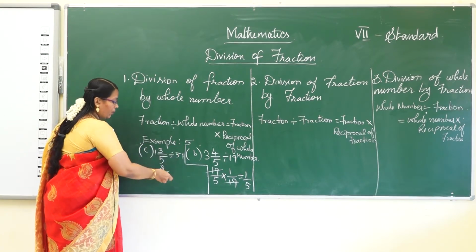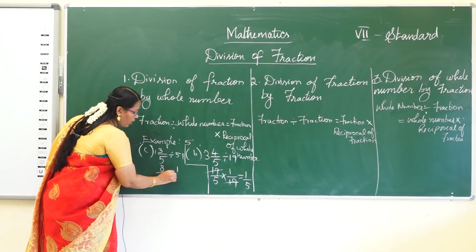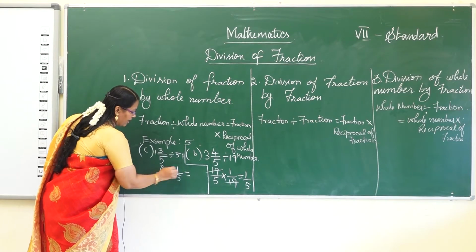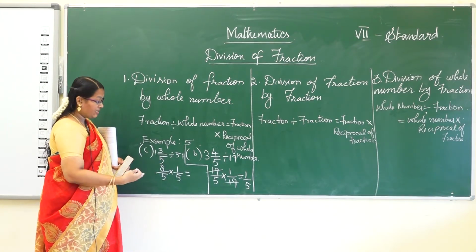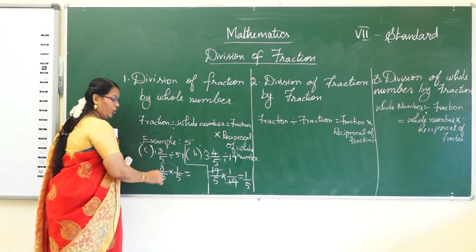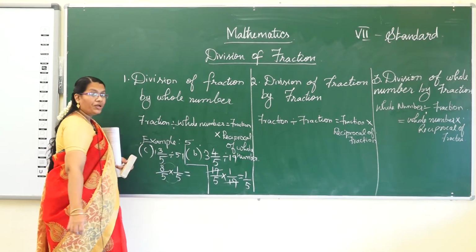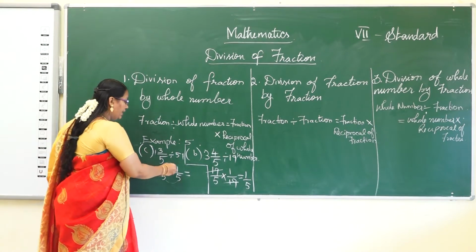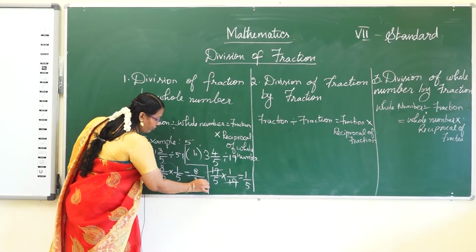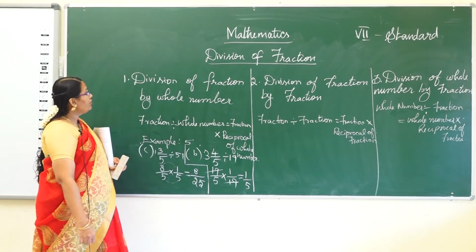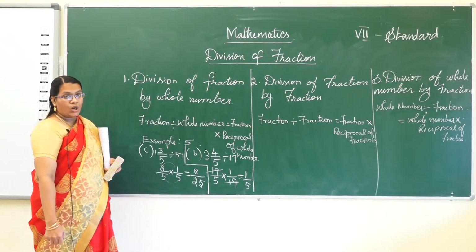The reciprocal of 5 is 1 by 5. Now we get the multiplication of fraction by fraction: product of the numerators over product of the denominators. 8 ones are 8, 5 fives are 25. I hope you are understanding the first one, division of fraction by whole number.